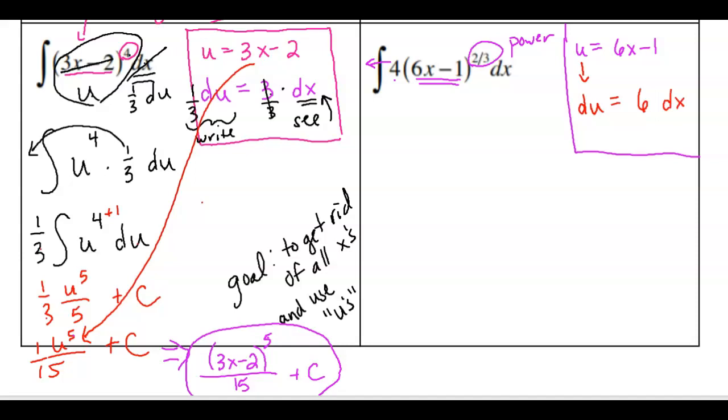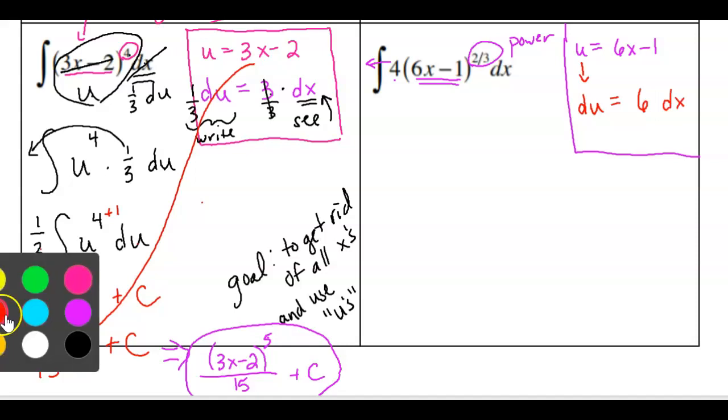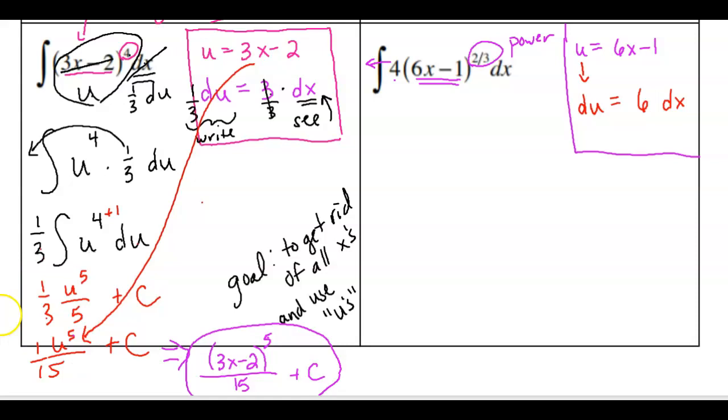Now, we're going to try to match things up. So this is u. I have a 4, which I can put on the outside. And then dx, remember I can divide by 6. So 1/6 du equals just dx, because I divided by 6.